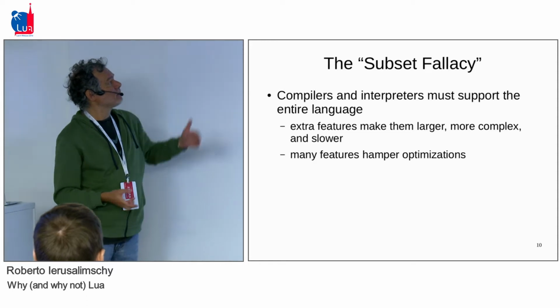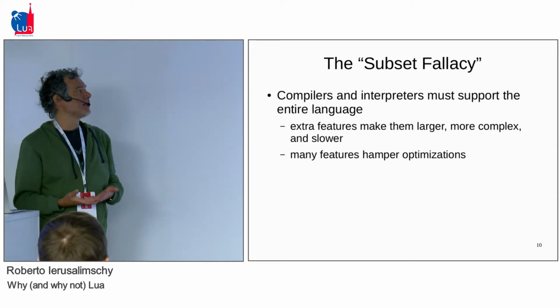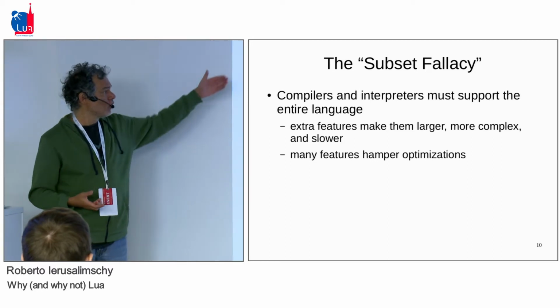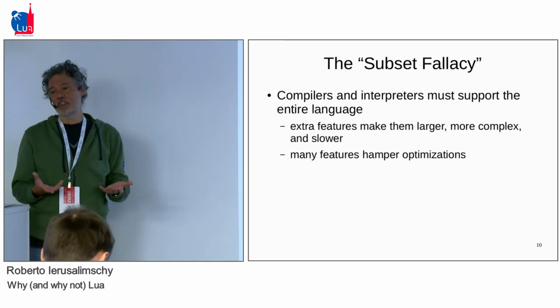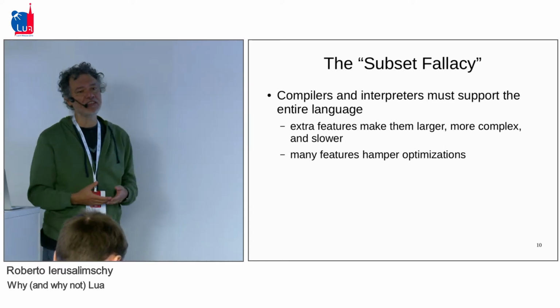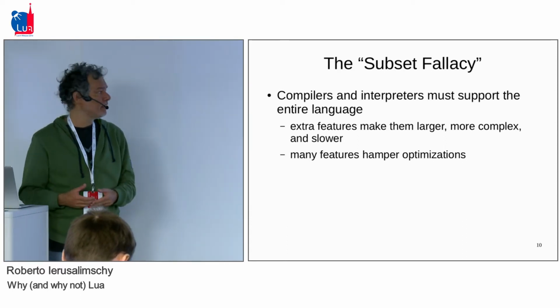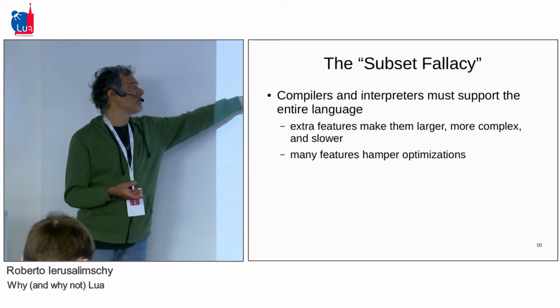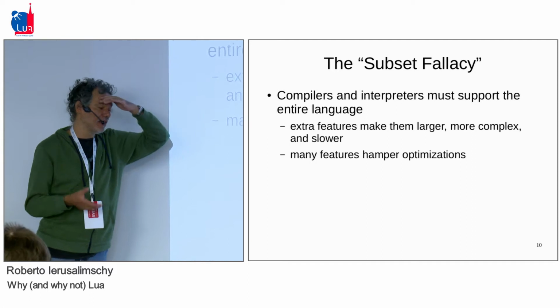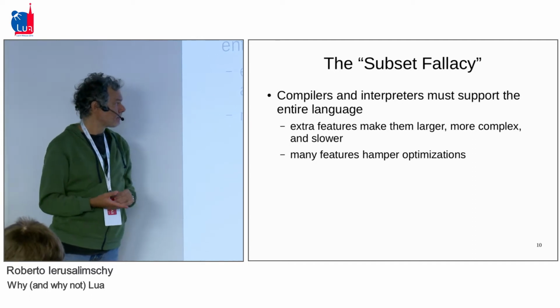Another point is that compilers and interpreters must support the entire language. And so these extra features that you are not using are making them more expensive, more complex, more buggy, and frequently, mainly for interpreters, are making the whole language slower.